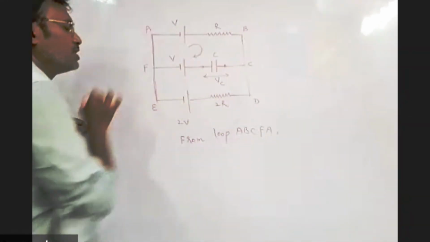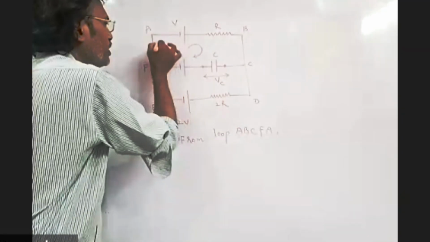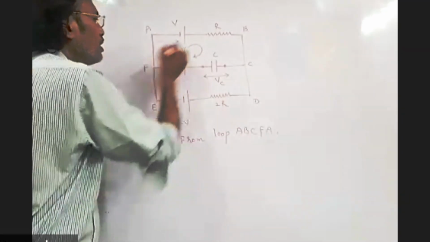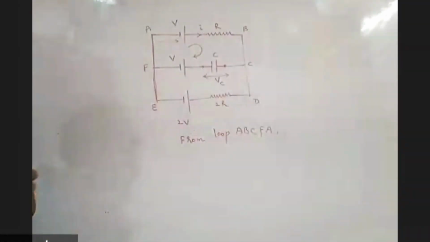This loop I considered. At first, I am going from A to B, moving in this direction. Anyway, the positive terminal is here, and current is considered like this.